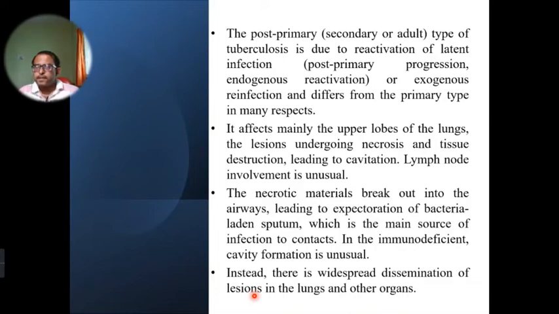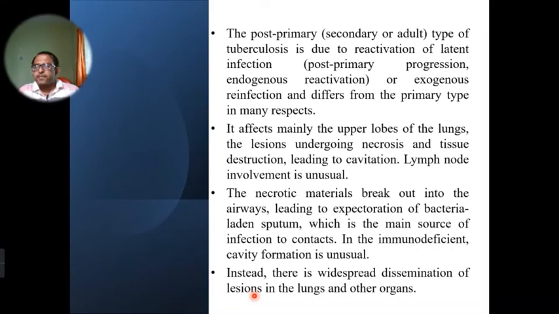This bacteria mainly affects the upper lobe of the lungs, and the lesions undergo necrosis, causing tissue destruction in the lungs, which forms cavitation, meaning there is a formation of cavities on the lungs.